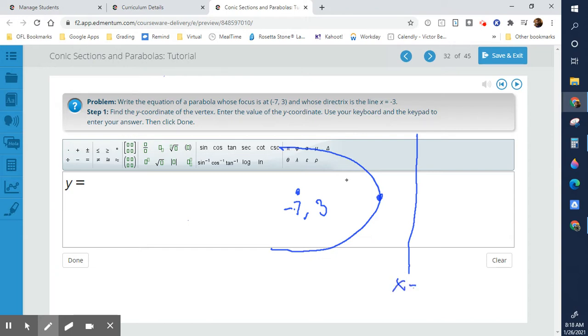Since this is x equals -3, that means our vertex must be in the middle of this, which would be -5, 3. So they tricked me. Be careful when you're reading this. I was so focused on it being the vertex, I didn't even realize that it was a focus. So it does change your formula a little bit. It's not the end of the world, but it did change our formula a bit here.